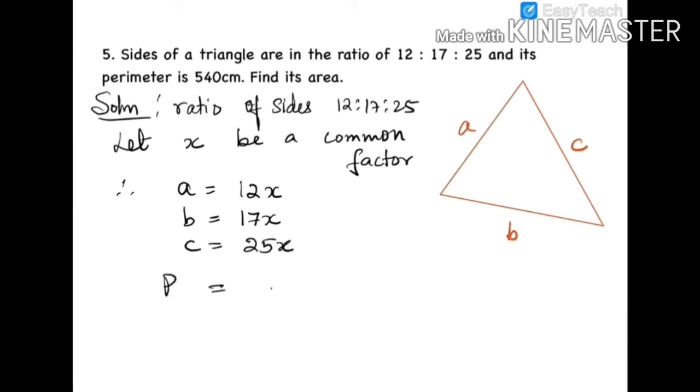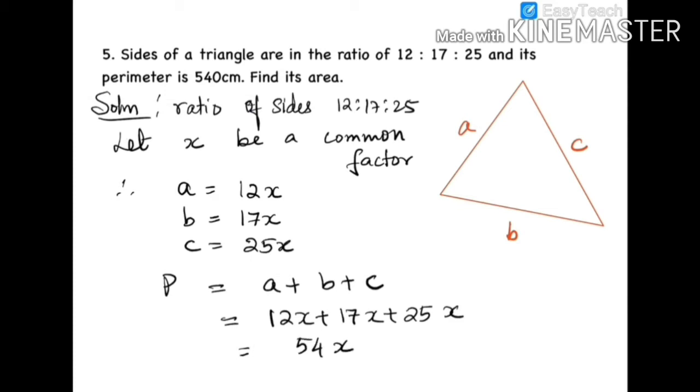And we know that the perimeter is A plus B plus C. So 12x plus 17x plus 25x is equal to 54x. But we are given that the perimeter is 540 centimeters.